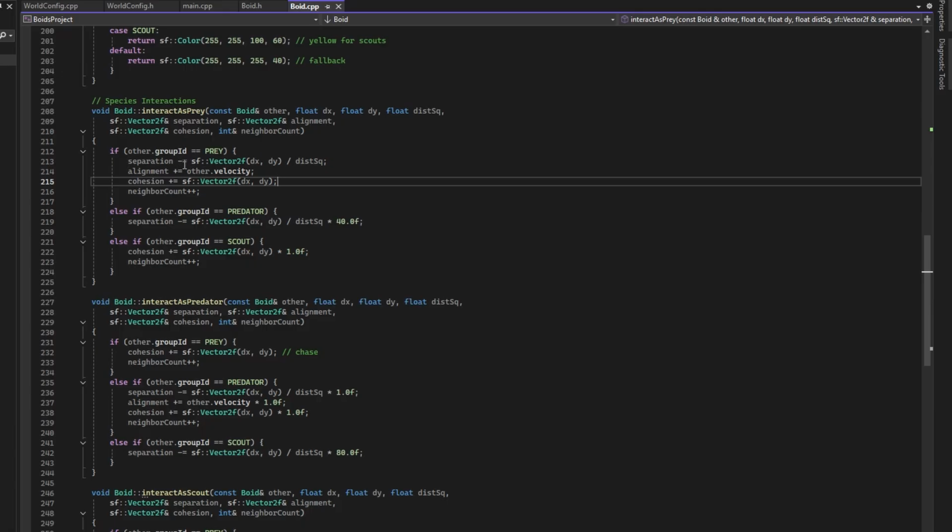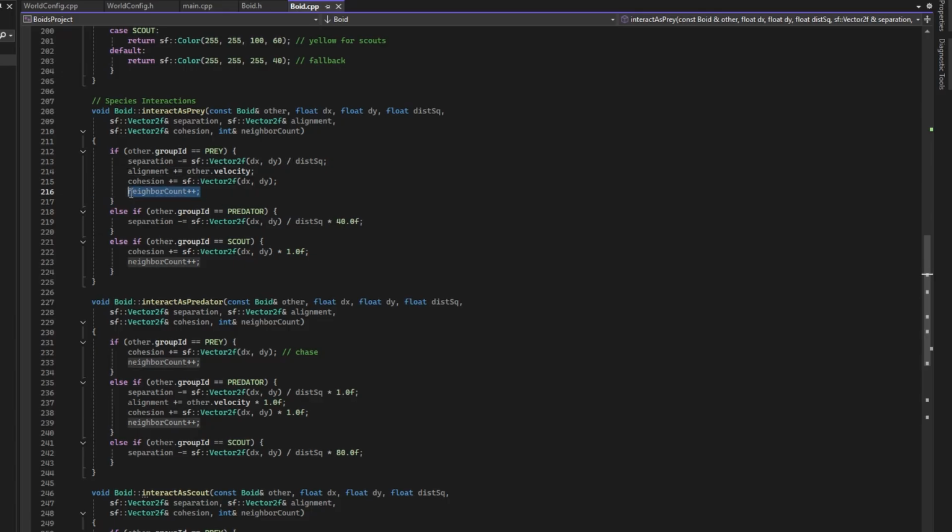Separation means they want to be further away from the other Boid, and the amount of further away is based on the distance to the other Boid. The alignment is just make my alignment, add in their alignment. Cohesion is similar to separation, but the distance is not part of that calculation.